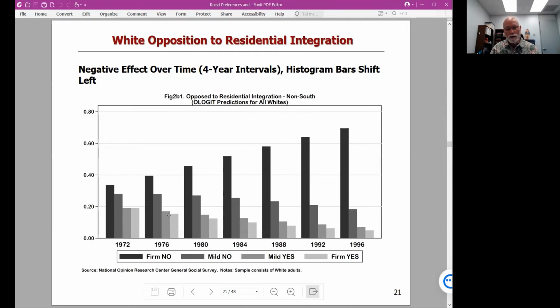The thing about an ordinal logit prediction is that the way the bars change is very structured. If we have a negative effect, which in this case, as time goes by, people's opposition to integration is going down, that's a negative effect. That means the bar on the far left will rise, and the bar on the far right, the lightest color bar in 1972, which I'm wiggling the pointer over, goes systematically down.